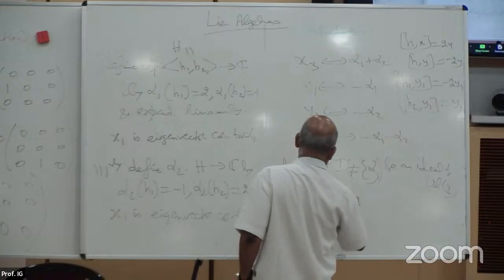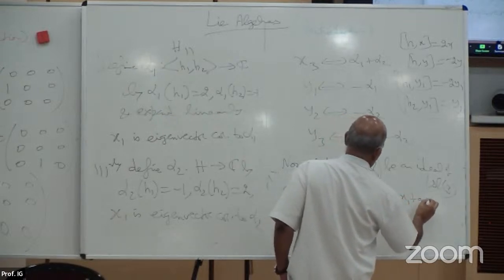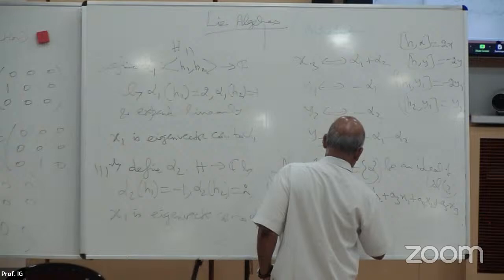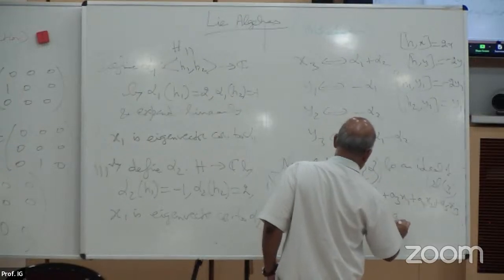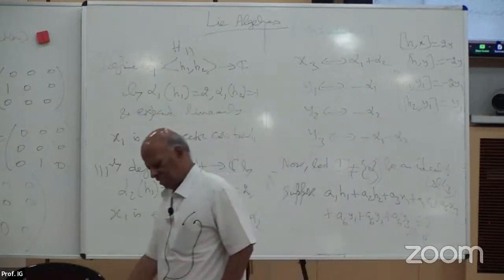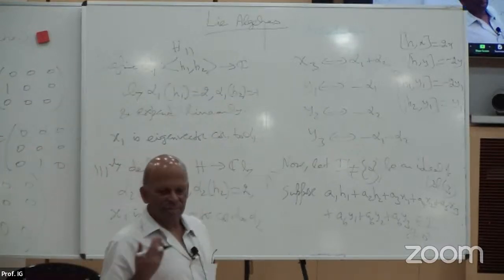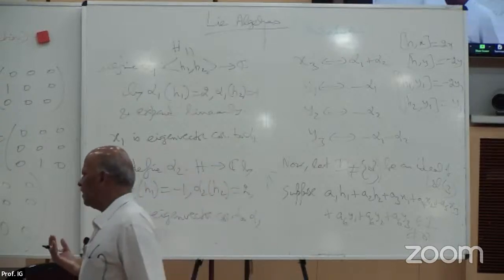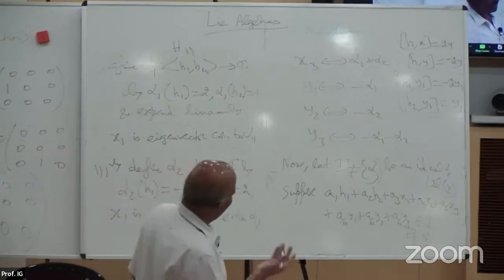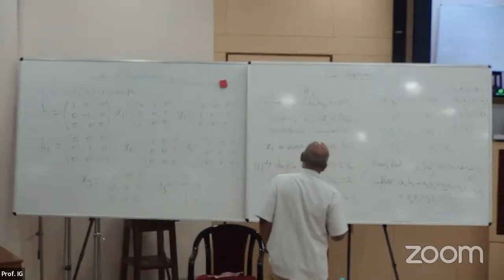Maybe I will do an easier way out, a2 H2 plus a3 x1 plus a4 x2 plus a5 x3 plus a6 y1 plus a6 y2 plus a6 y3. Suppose you take a non-zero element with all these coefficients. What did we do last time? We kept applying x repeatedly, and that is how we showed that SL3 is simple. Here we have two or three choices, x1, x2, x3. You can keep applying everything and keep on eliminating variables.